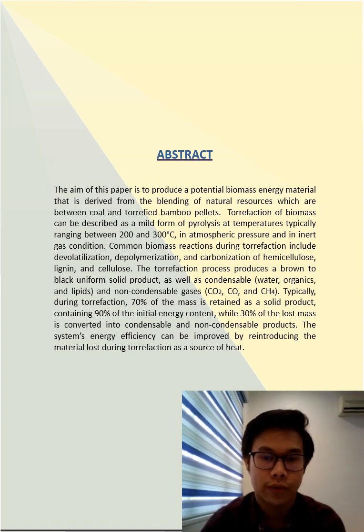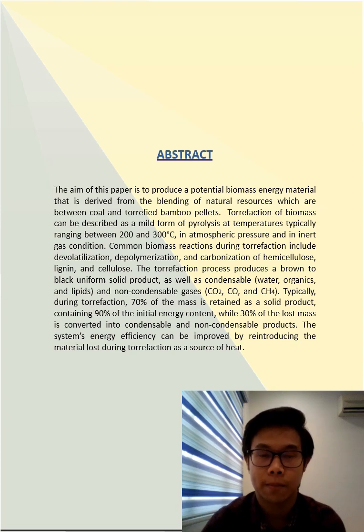Typically, during the torrefaction, 70% of the mass is retained as a solid product containing 90% of the initial energy content, while the 30% of lost mass is converted into condensable and non-condensable products. The system's energy efficiency can be improved by reintroducing the material lost during the torrefaction as a source of heat.